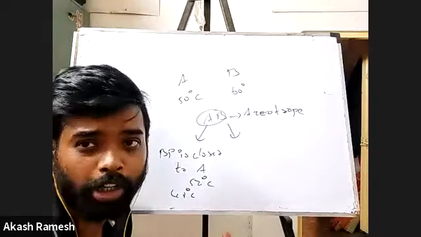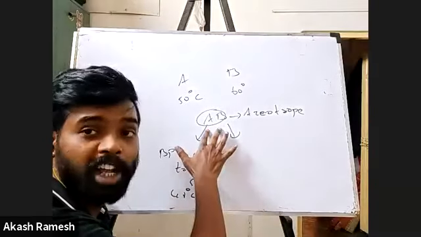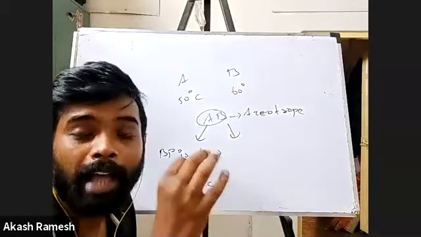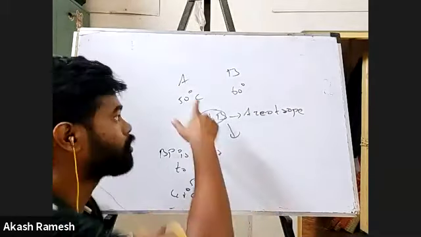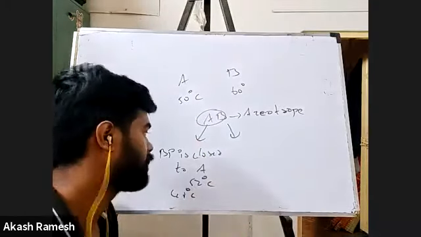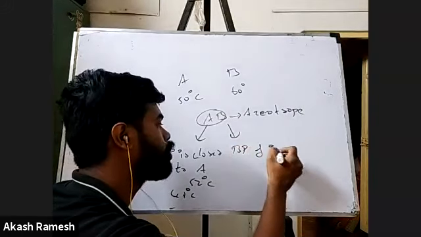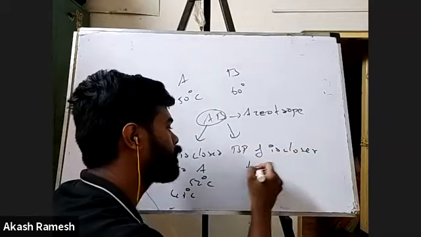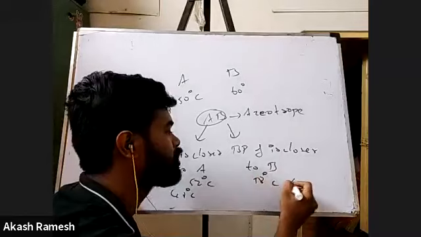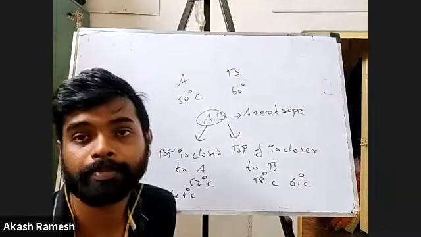But at the end of the day, what you have to understand is if you find that the boiling point of the liquid mixture is closer to the liquid which has the lesser boiling point. In this case the lesser number is 50, the greater number is 60. So this is the first case. The second case is the boiling point of AB is closer to that of B, say 58 degrees Celsius, 61 degrees Celsius, something like that, closer to 60.